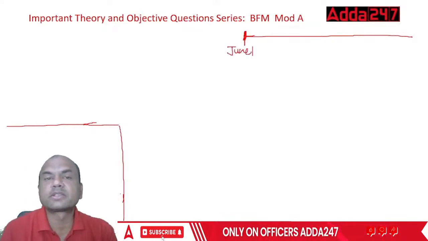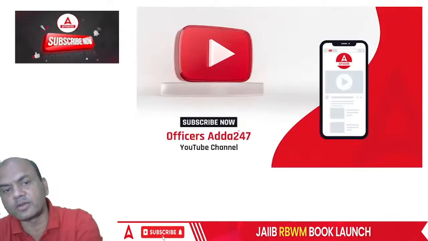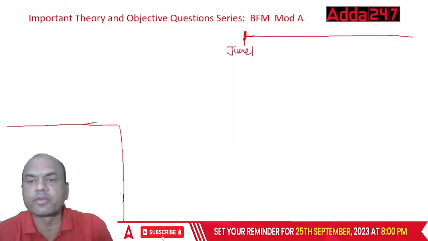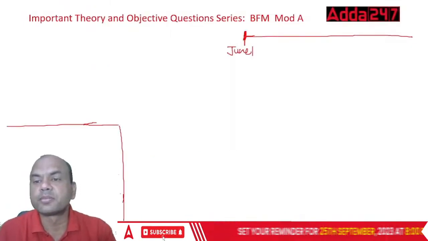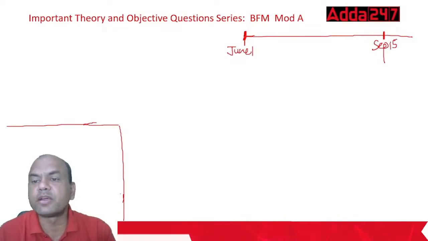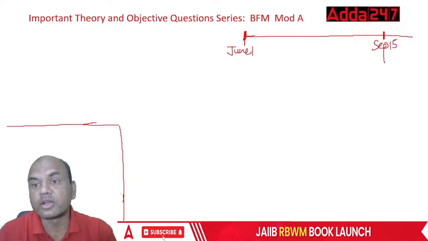Now the customer has come to you for booking the contract for what? September 15th, isn't it? Look at the date. September 15th due date. So you'll have to book this September 15th over here. Let's mark it September 15th over here. So this customer will have to pay to his seller on September 15th.